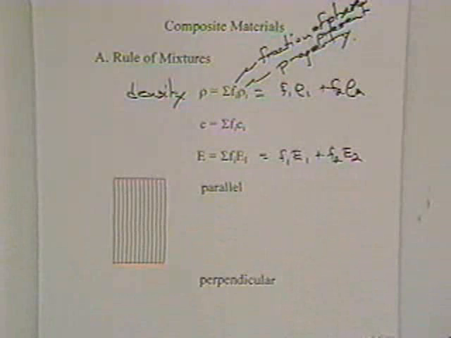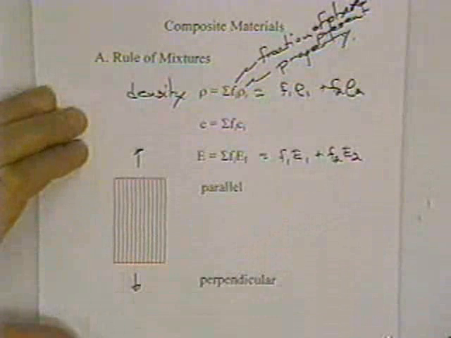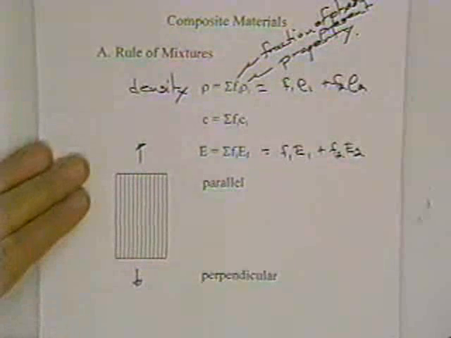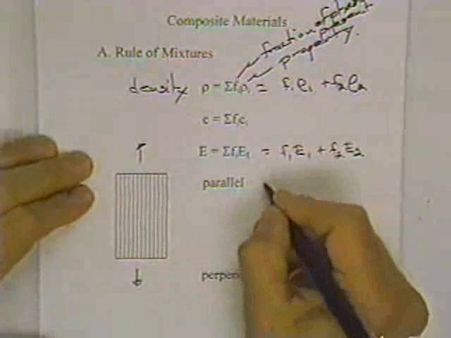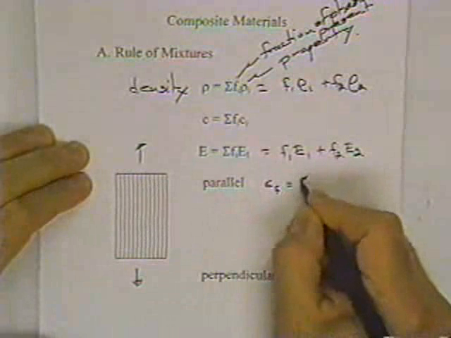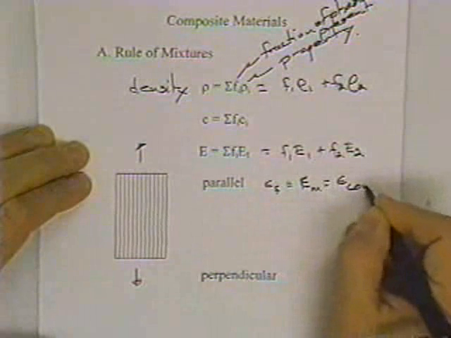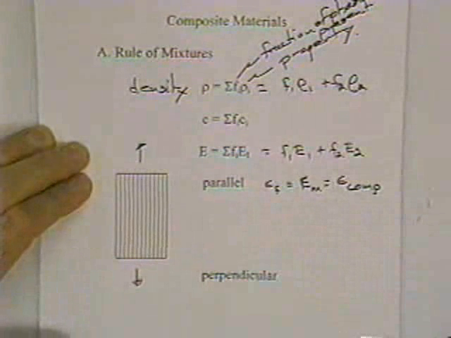Now, how's it going to be parallel or perpendicular? Well, if we put a load on here parallel, what's going to be constant? It's going to say that the strain in the fiber is going to equal the strain in the matrix is going to equal the strain in the composite.